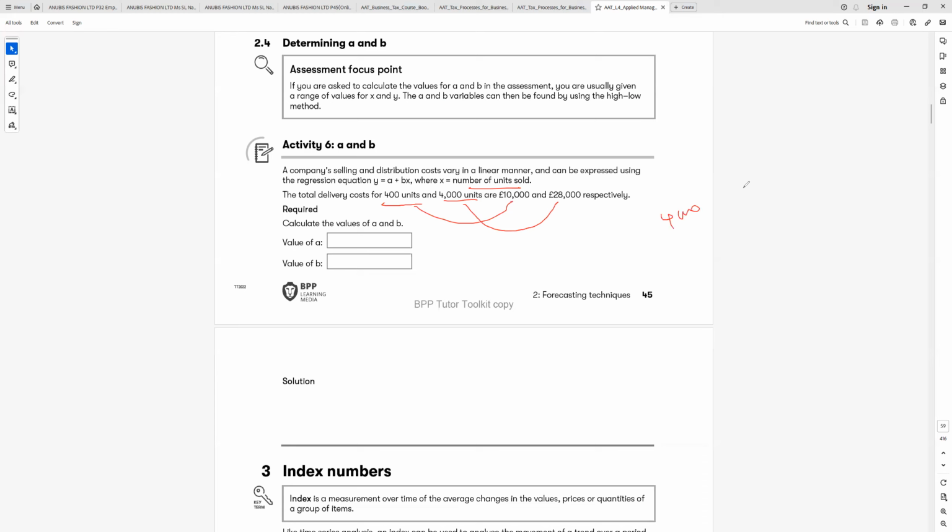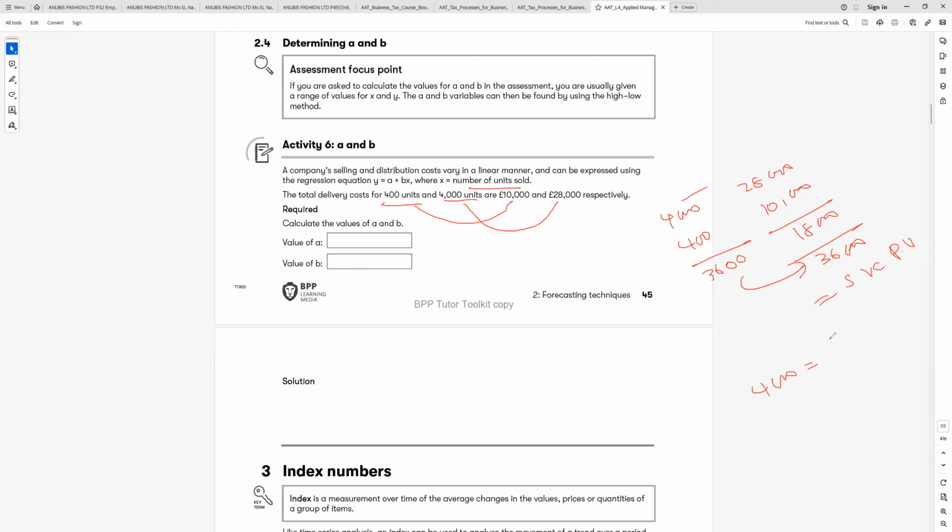For 4,000, the cost is 28,000, and for 400, the cost is 10,000. So here we have 3,600 units, and here we have 18,000 as the cost. This 18,000 will be divided by the 3,600. That will give us variable cost per unit, and that is 5. Now we need to find out the fixed cost. We can take any of these, take 4,000.